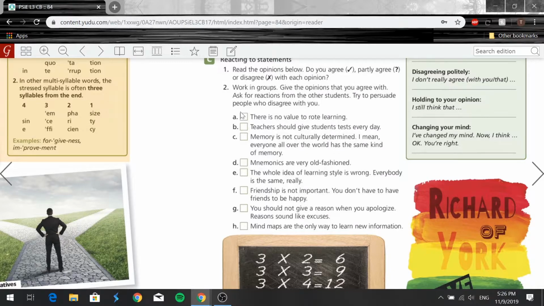Okay? Now let's go to B. Teachers should give students tests every day. Absolutely not. Disagree again. So teachers should not give students tests every day. Tests are stressful. They don't really measure how good you are. If you really wanted to understand students' level, you could talk with them, right?